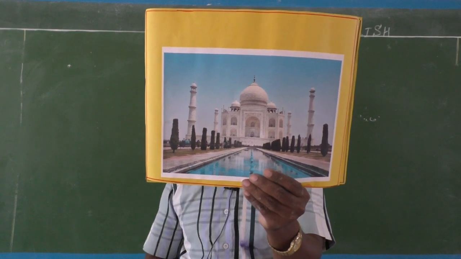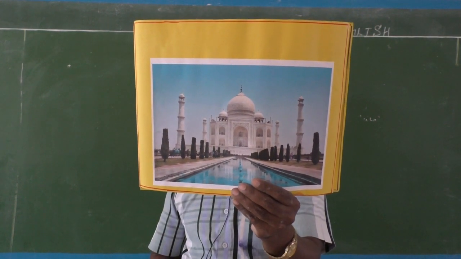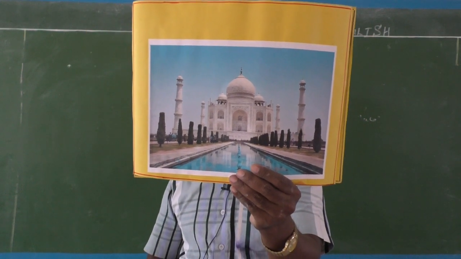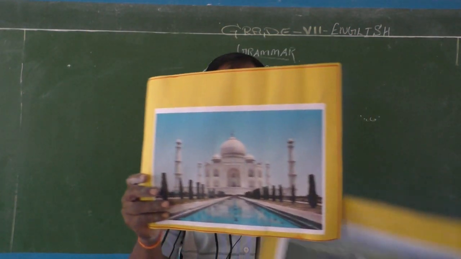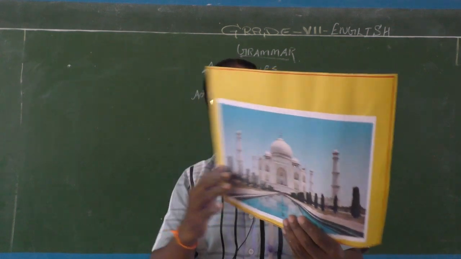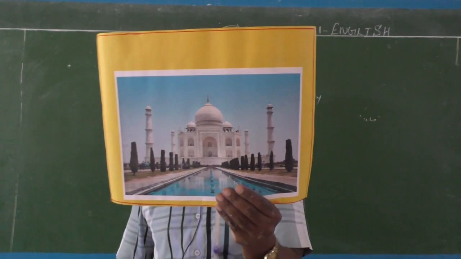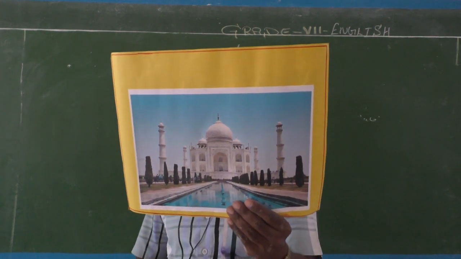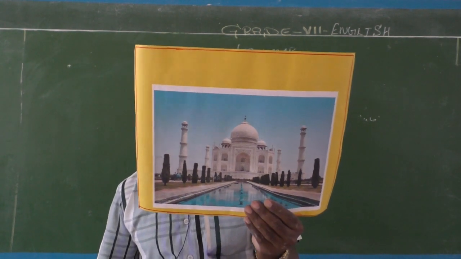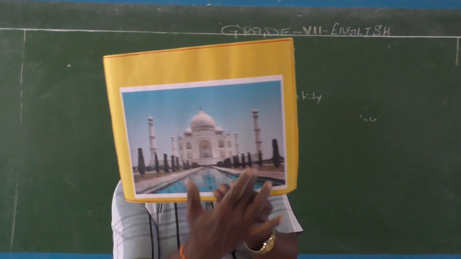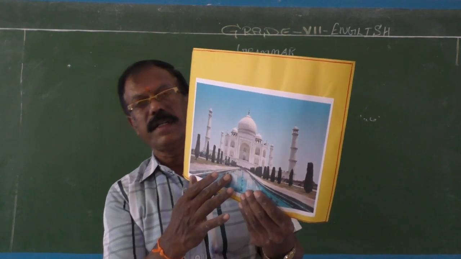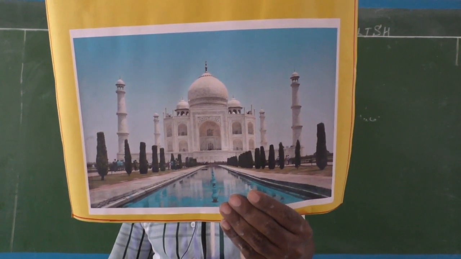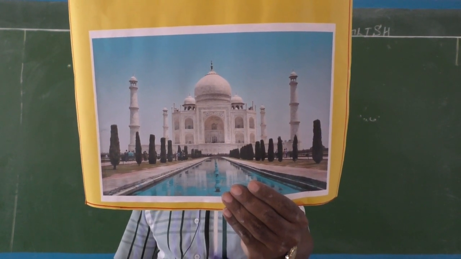Taj Mahal is a beautiful monument. So the word beautiful describes the quality of this monument. What kind of monument is it? It's a beautiful monument. It is one of the wonders of the world, as you know, children. So here the word beautiful is an adjective of quality because it describes the quality of this monument.